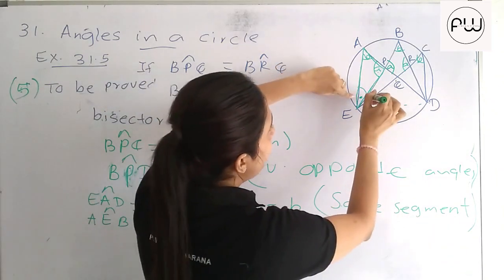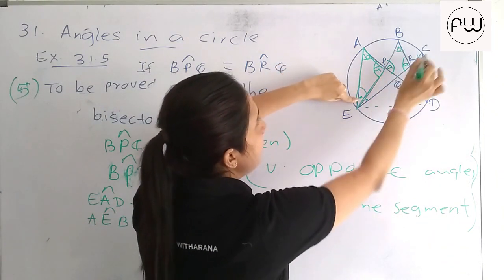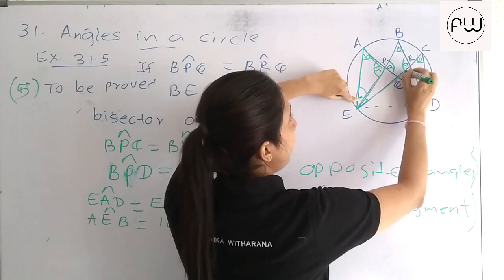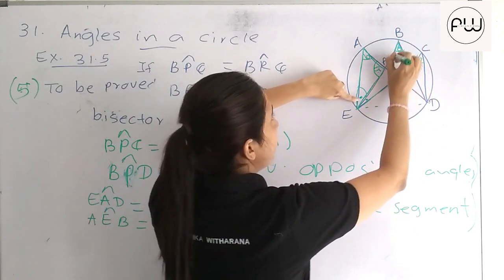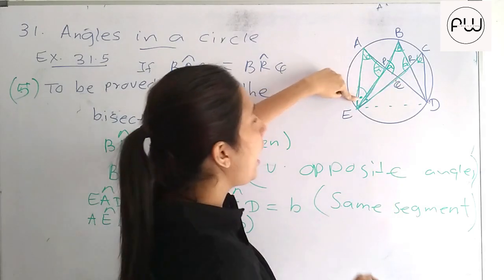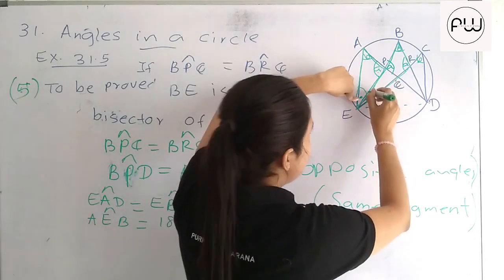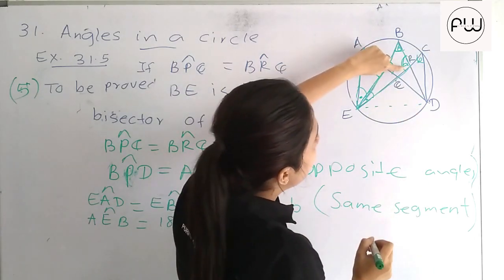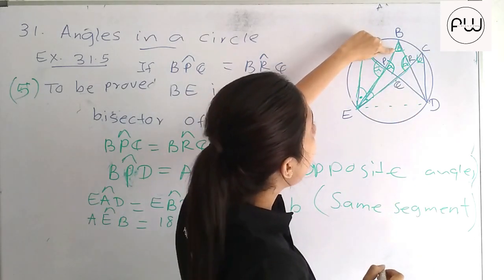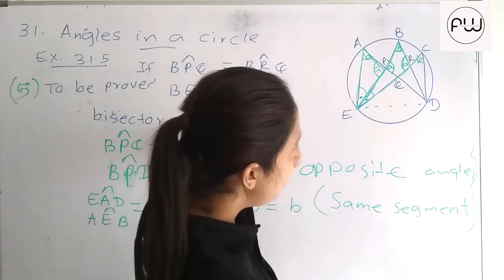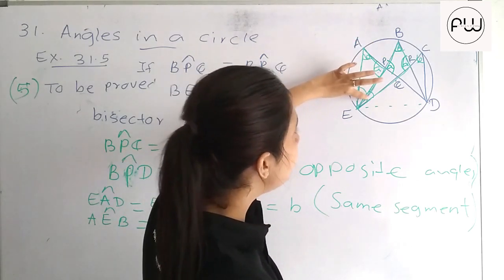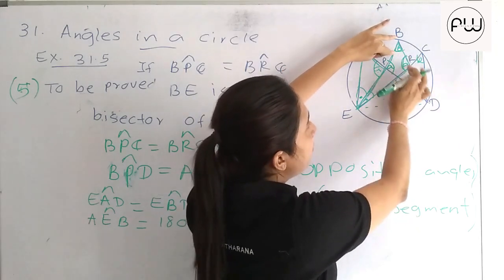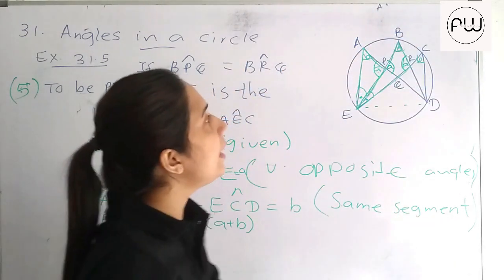And now see this one also, angle DEC. Consider this triangle. What are the interior angles of this triangle? This one and this one and this one. Here the angle is A and here the angle is B. If we want to find the magnitude of this angle, we can subtract the sum of the magnitudes of these two angles from 180 degrees.